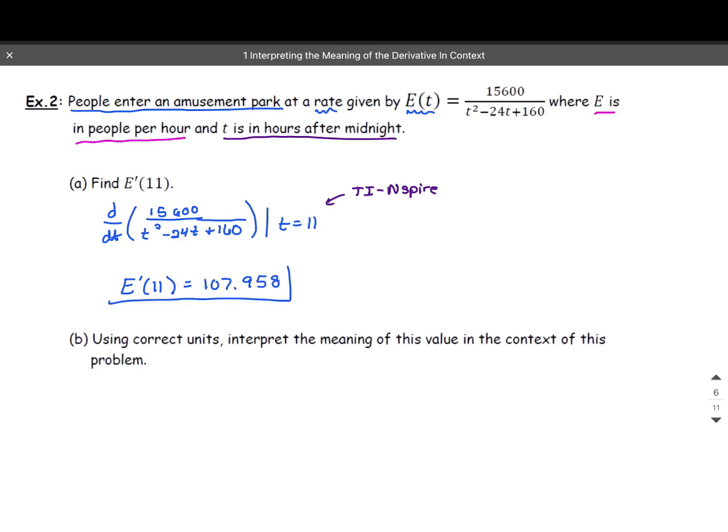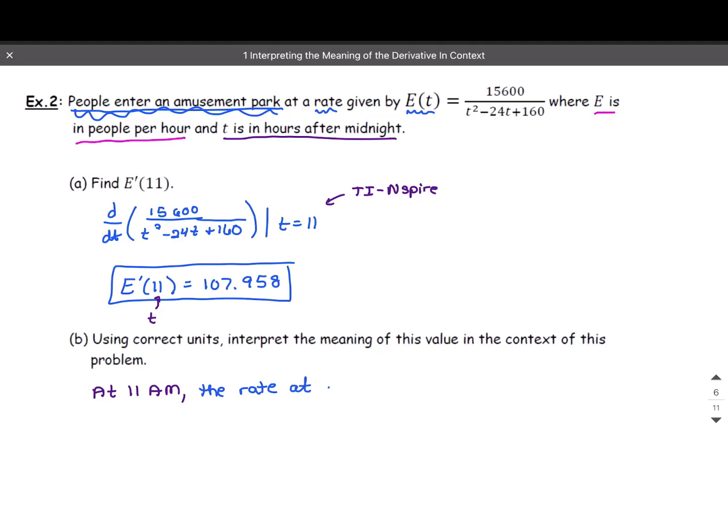107.958 using our calculator. Now, using correct units, let's interpret the meaning of the value in the context of this problem. So remember that 11 is our t value, which is the hours after midnight. So 11 hours after midnight would be at 11 a.m. At 11 a.m., the rate, now what did we have? The rate people enter the amusement park.